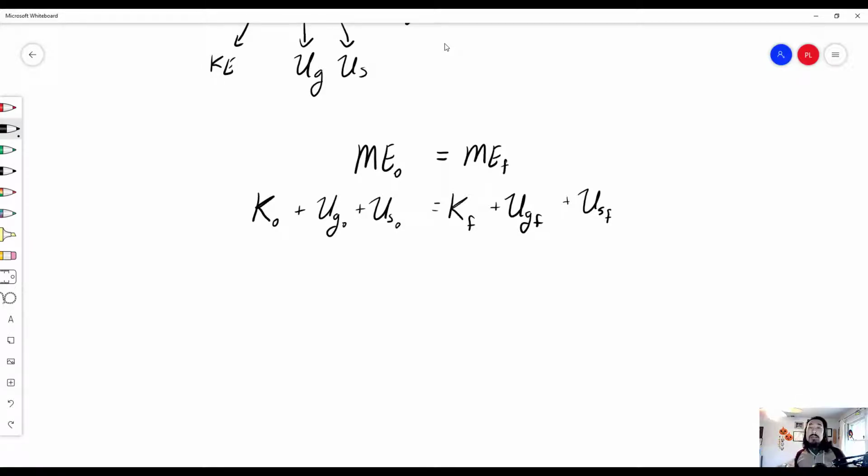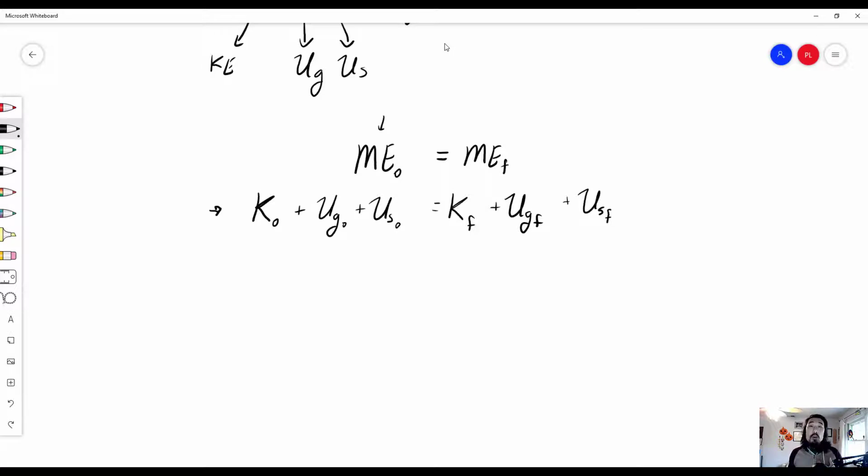Now, if this is the base equation and this is the expanded equation, you have to actually take a look into the problem itself. If the problem has moving objects, if it has a spring, and if the object is moving in height, with all those three requirements, you have those three forms of energy: motion, height, which is the gravitational potential, and then springs.